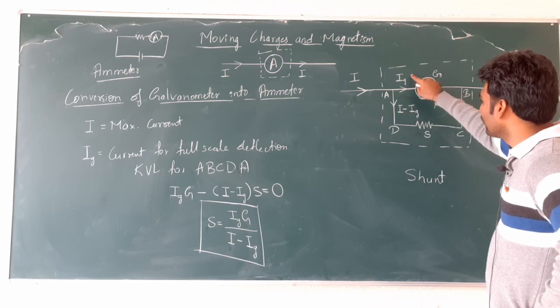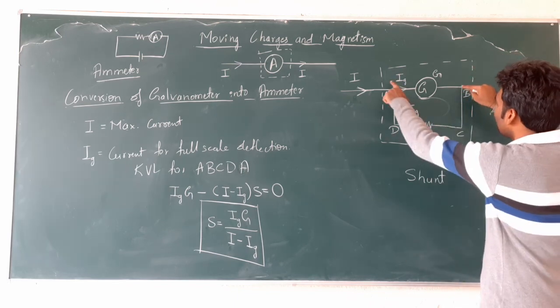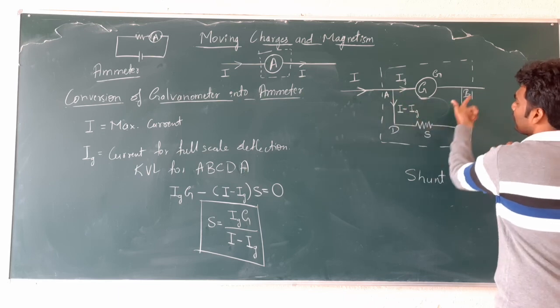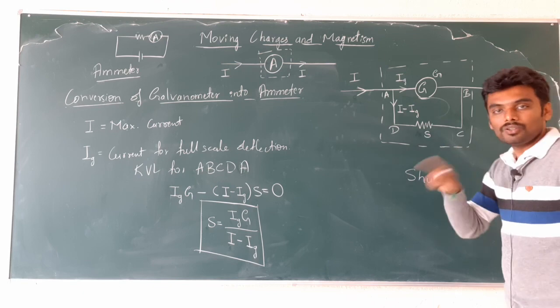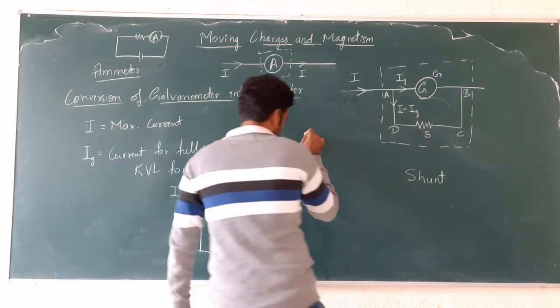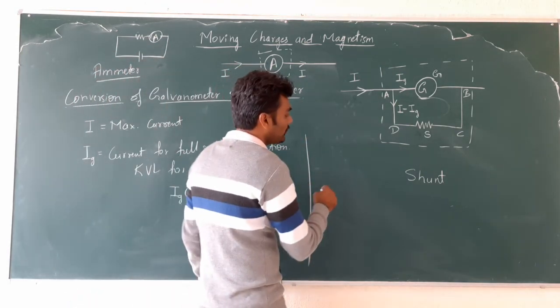How do we do that? We can do that by shorting these 2 points A and B. If I short these 2 points, the current will completely flow through this. In other words, I need to introduce the shunt resistance of 0 resistance. So that is the ideal situation. This is the end of derivation, the concepts. This is a very important 3-mark question.